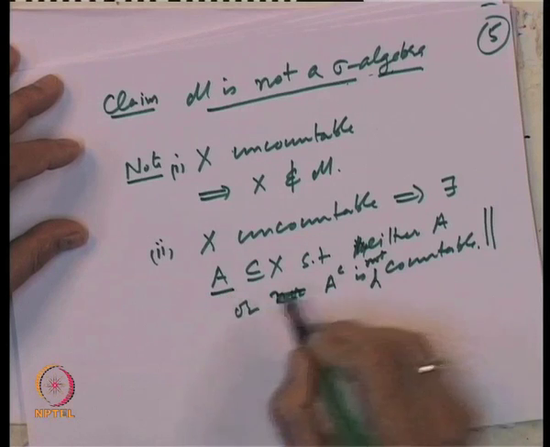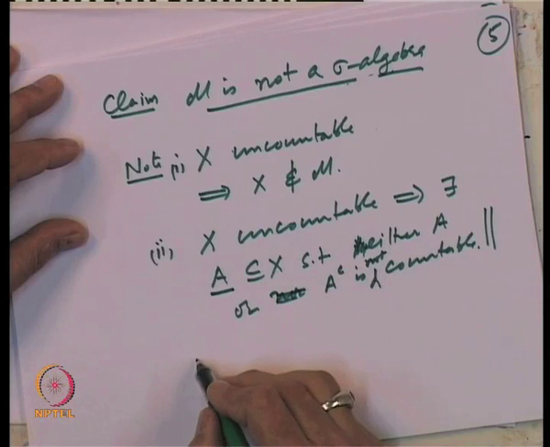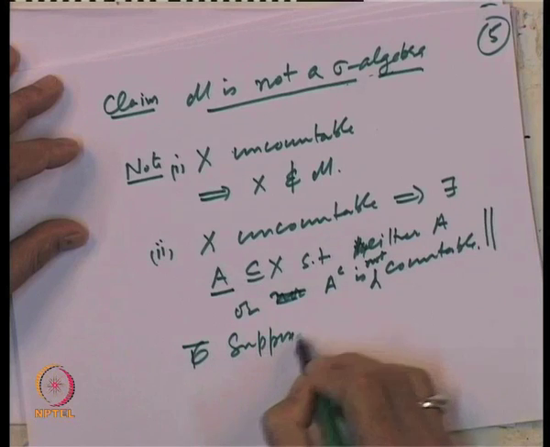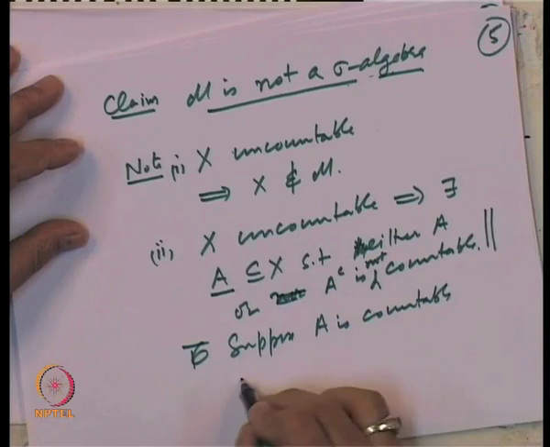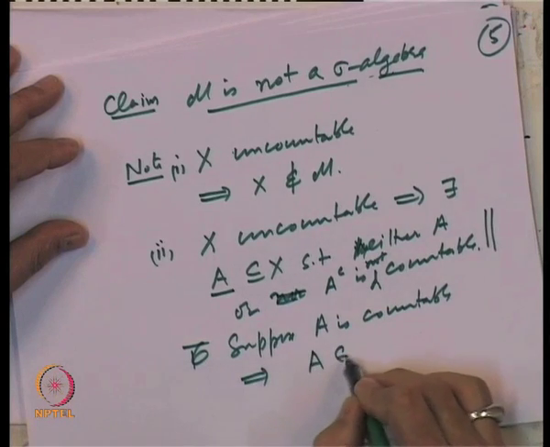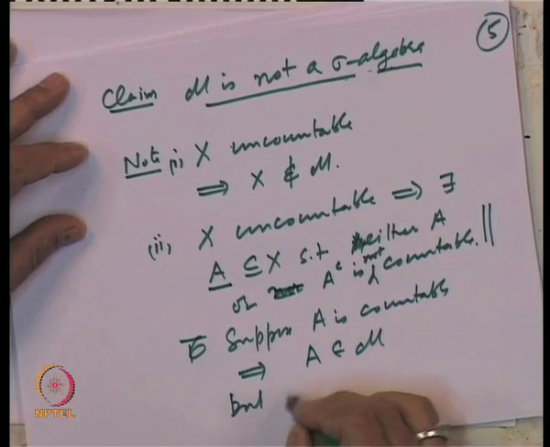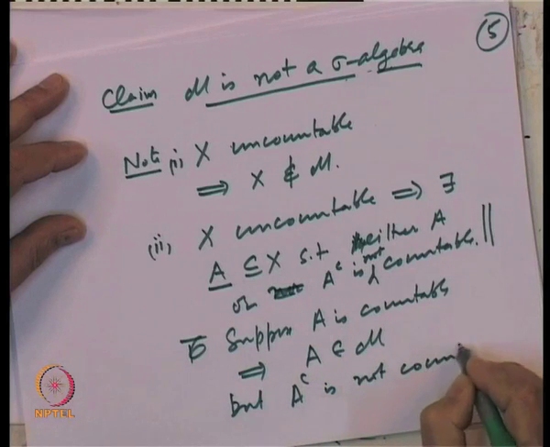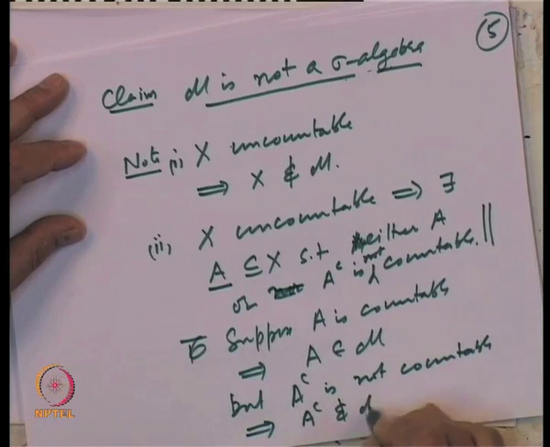So, let us choose a set A such that either A or A complement is not countable. Suppose A is countable. That will imply that A belongs to M, but A complement is not countable, and that implies A complement does not belong to M.